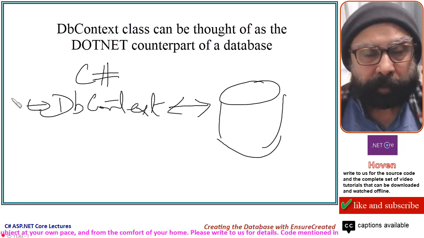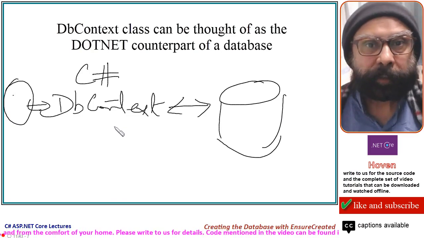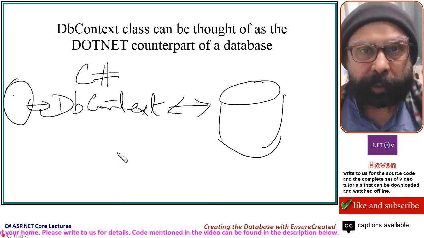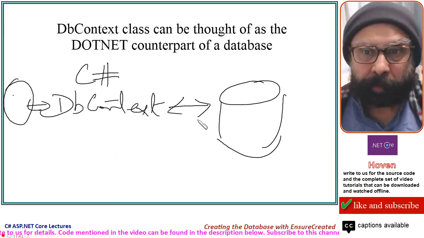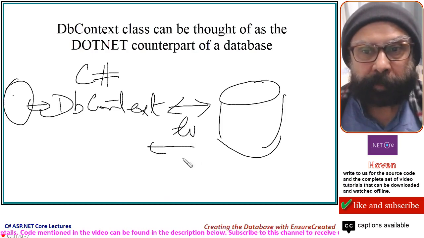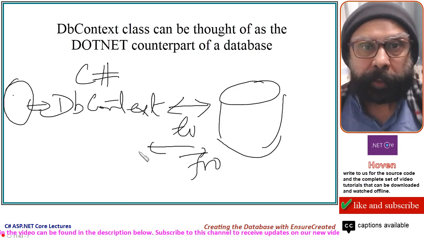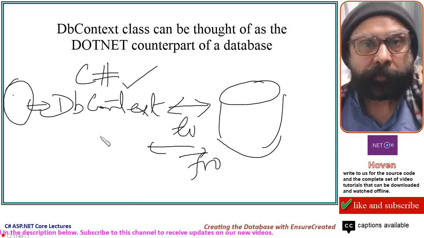Your project communicates with your database through the DbContext, and this is the central class for your communication with your database. All to and fro traffic from your database takes place through this class. We will see how it works in our future lectures.